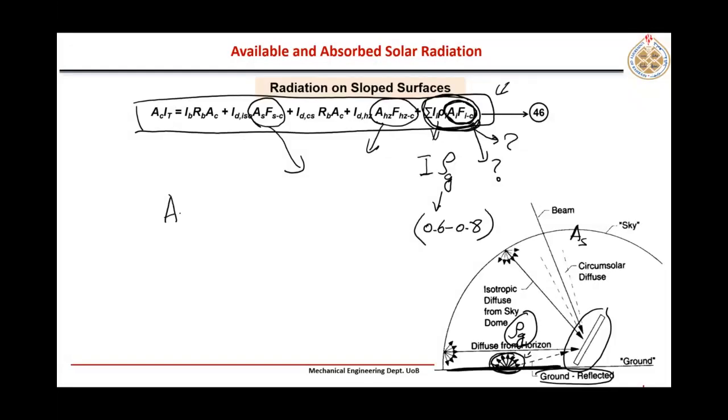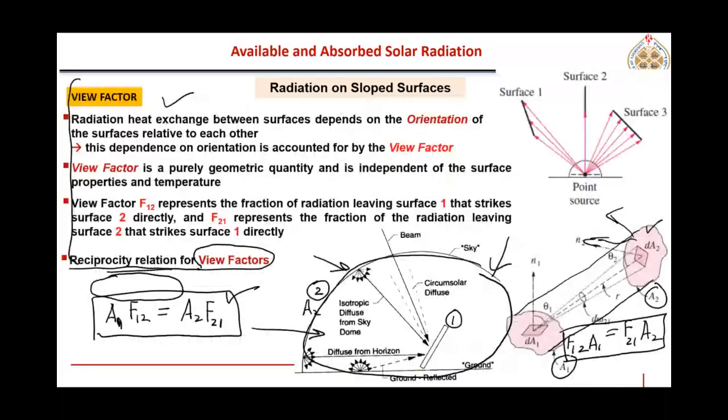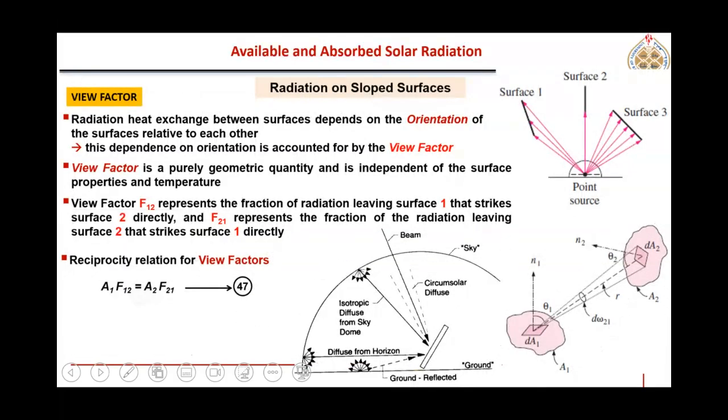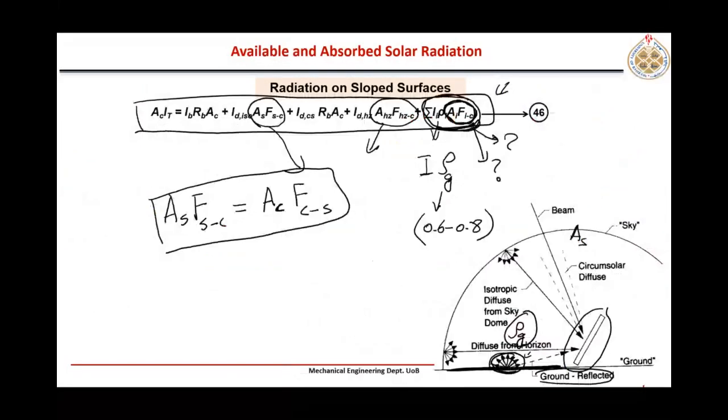I can write area of sky multiplied by view factor from sky to collector as area of collector multiplied by view factor from collector to sky. I can use that correlation which we saw here, and replace this whole term with this one.